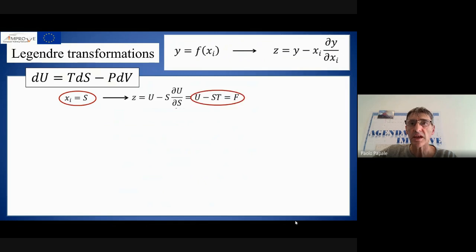The new function z will be the old function u, internal energy, minus entropy, times the partial derivative of the internal energy with respect to entropy. We see from the fundamental equation that the partial derivative of the internal energy with respect to entropy is temperature. Therefore, we obtain a new function z equal to u minus sT. We call this new quantity the Helmholtz energy, usually identified with the letter F.